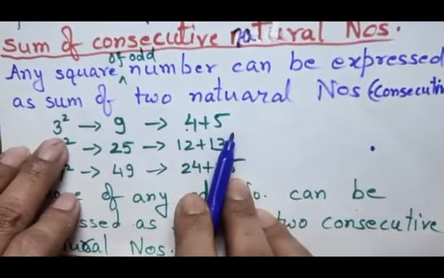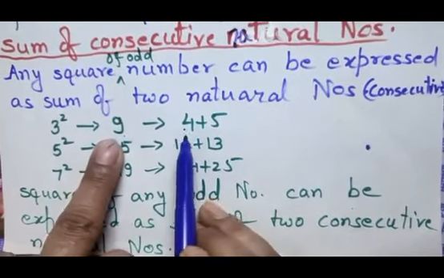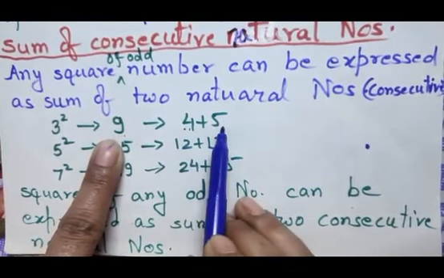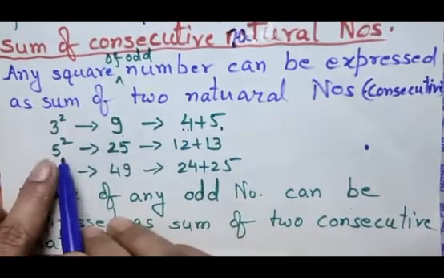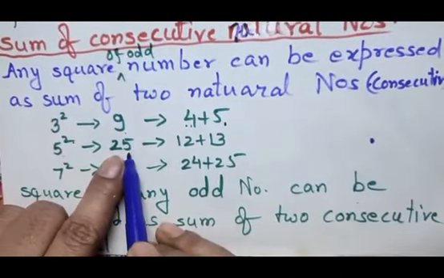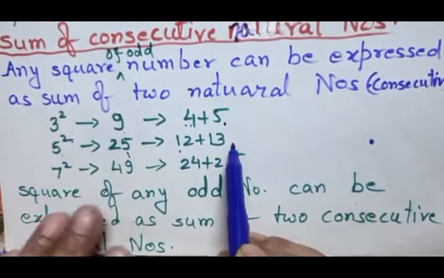Just as 3 square. 3 square is 9 and it can be expressed as the sum of 4 and 5. Similarly, the square of 5 is 25 and that can be expressed as the sum of 12 and 13.